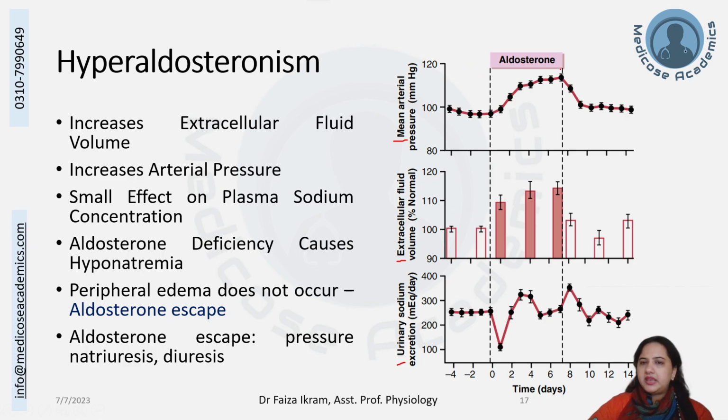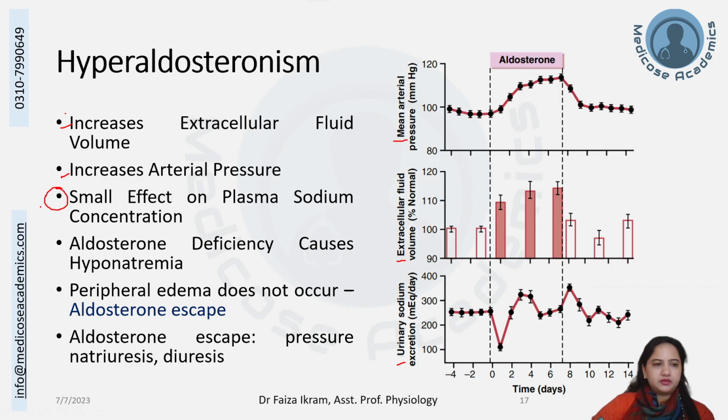And in the center portion of this graph, aldosterone levels are increased. Once the aldosterone is increased, you can see mean arterial pressure is increased, sodium retention, water retention, increased extracellular fluid volume. It is understandable that it can lead to increased arterial blood pressure.